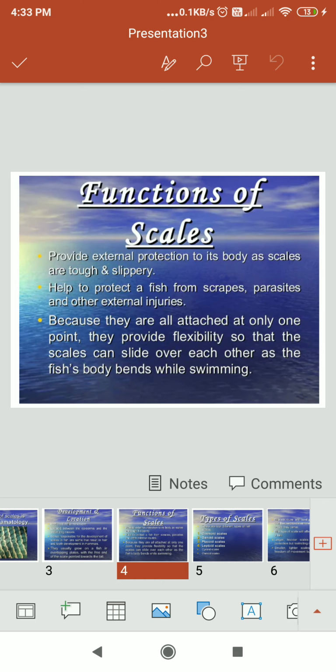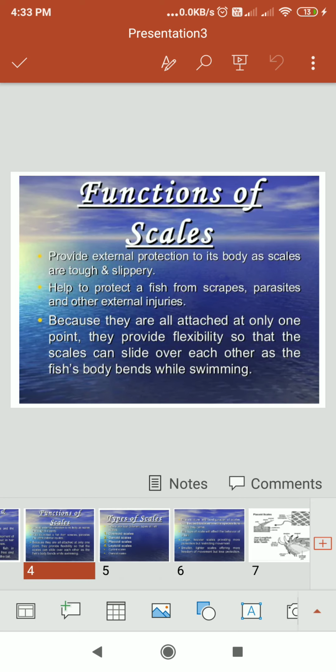Because they are all attached at only one point, they provide flexibility so that the scales can slide over each other as the fish body bends while swimming. These scales are also used for swimming purposes.